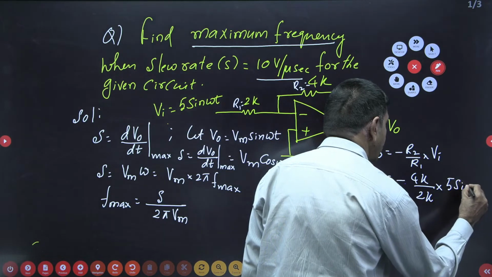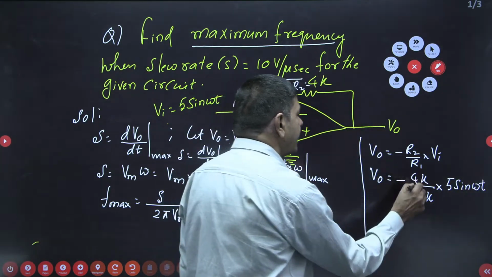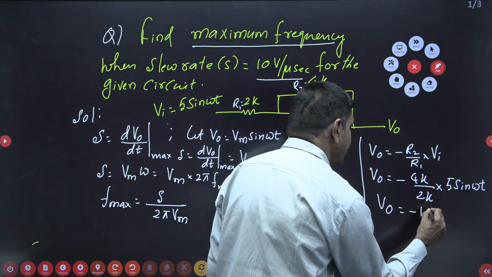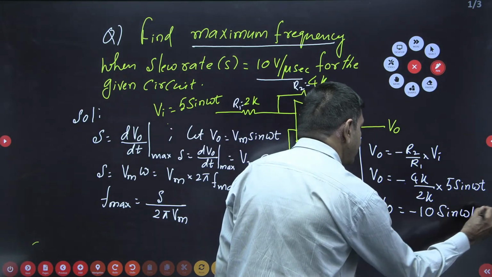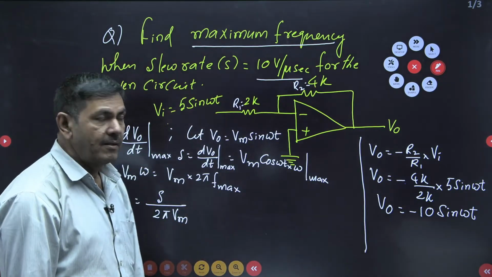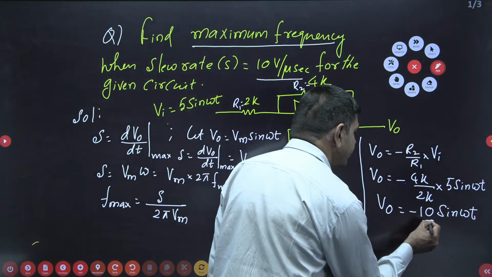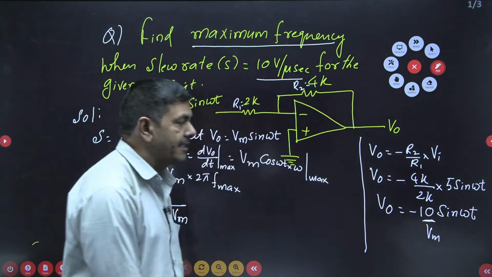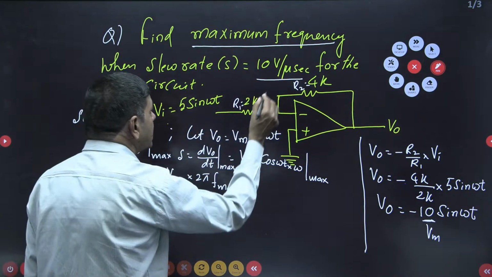The K cancels, and 2 fives are 10. V0 equals minus 10 sin omega t. But what is the maximum voltage here now? This is taken as Vm only. 10 is nothing but the maximum. Vm is nothing but 10. Now I can write the slew rate is given as 10 volts per microsecond.